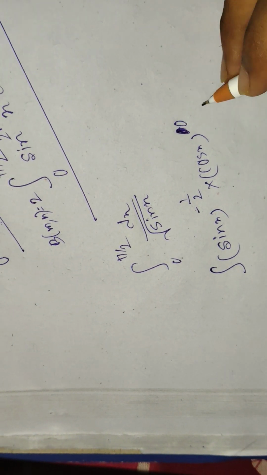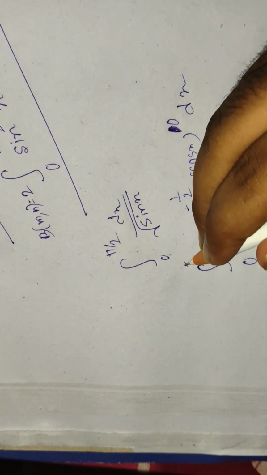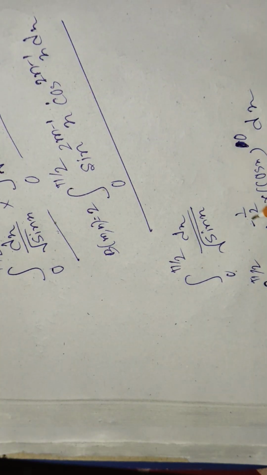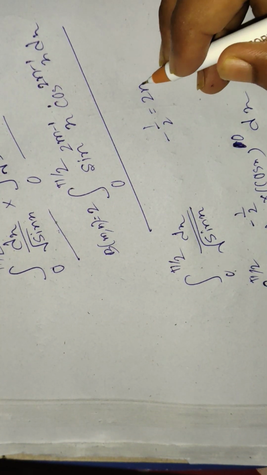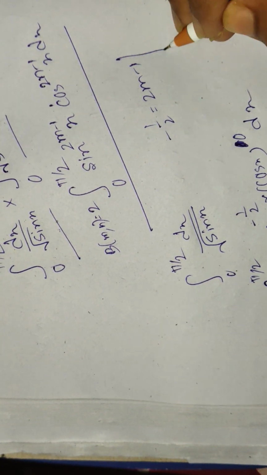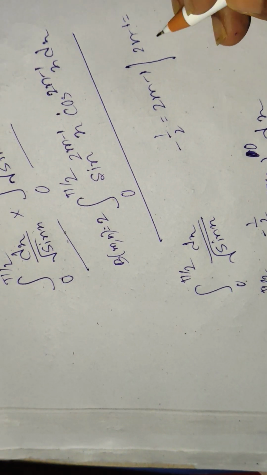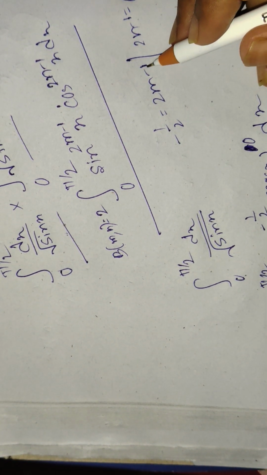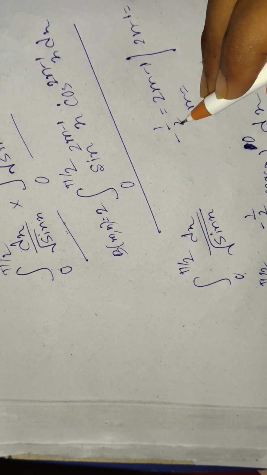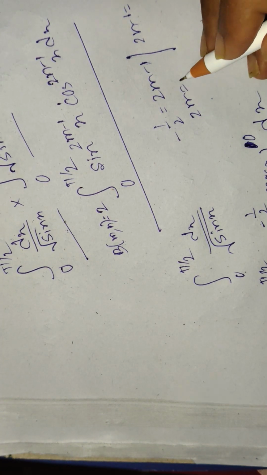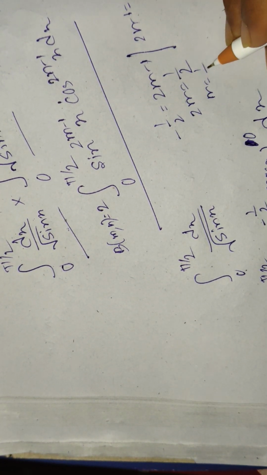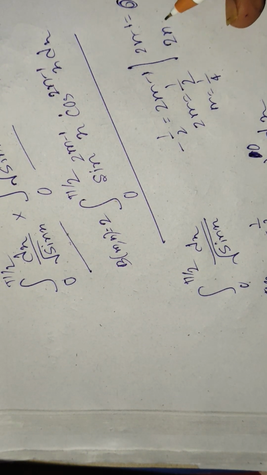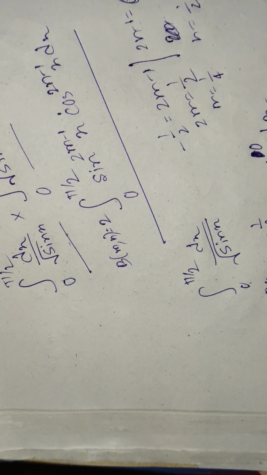Now we can replace minus half with 2m minus 1, and 2n minus 1 with 0. So 2m equals 1 minus half, which is half, so m equals 1 by 4. And n equals half basically.